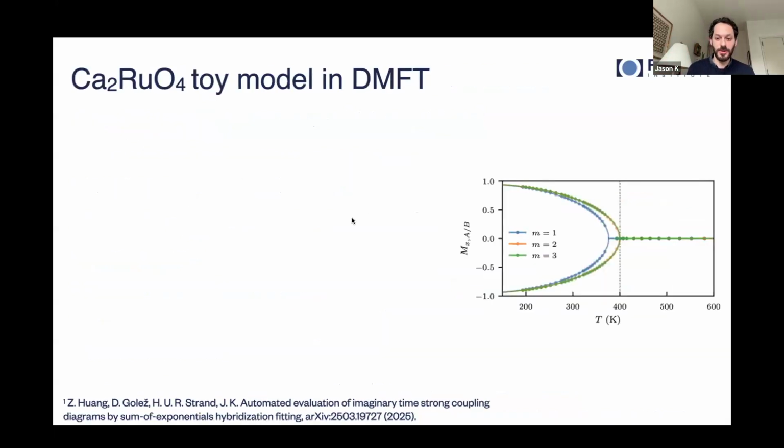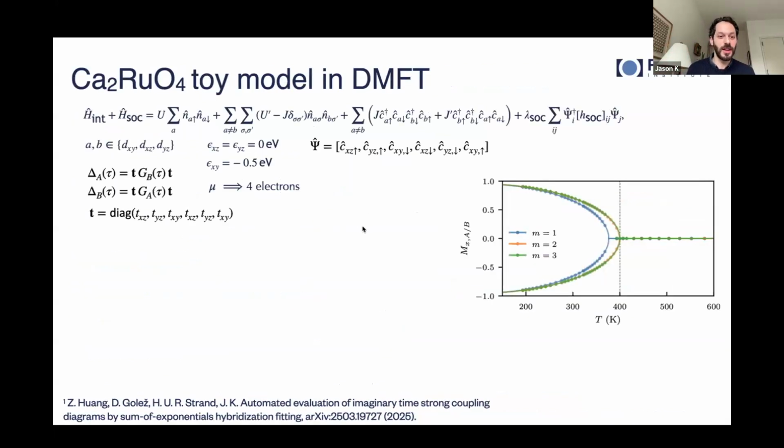Good. So now a more fun example. We set up a very toy model of this compound and wanted to do full self-consistent DMFT calculations. I've shown you the Hamiltonian here.